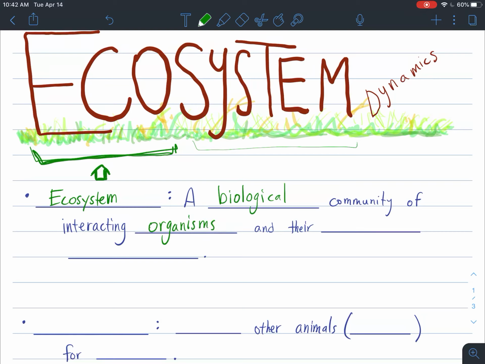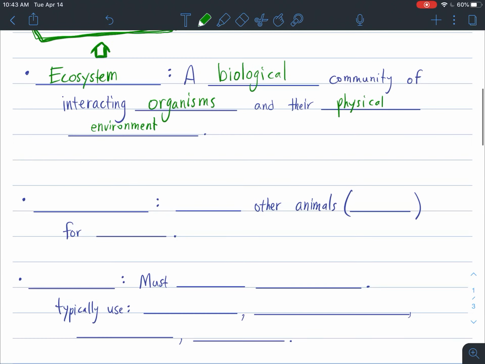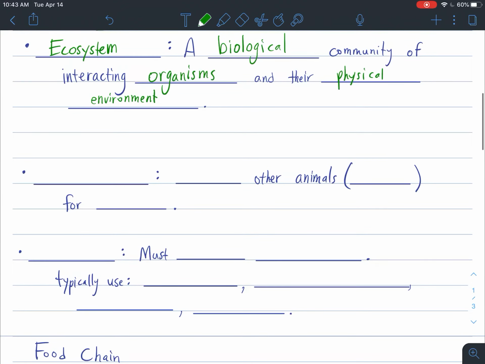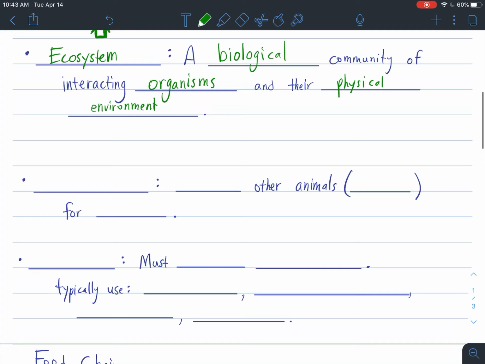And it's not just the organisms, but it's also their physical environment. That means what resources are available, what type of water or plants are around, whether it's an ocean ecosystem or a freshwater ecosystem or a rainforest ecosystem or a desert ecosystem. The physical environment is important as well as the organisms.